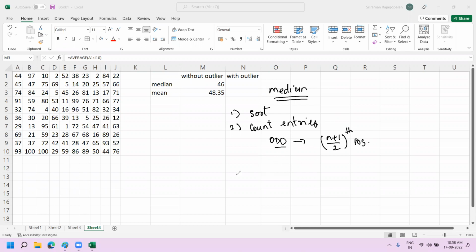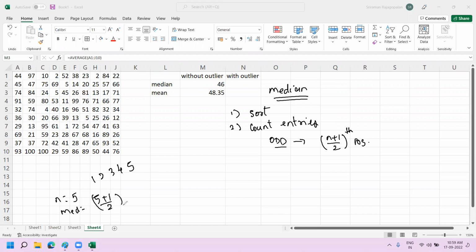Just to give an example, let's say the numbers are 1, 2, 3, 4, 5. So what is the value of n here? 5. So what is the median? 5 plus 1 by 2, which is third position, which is n plus 1 by 2th position.